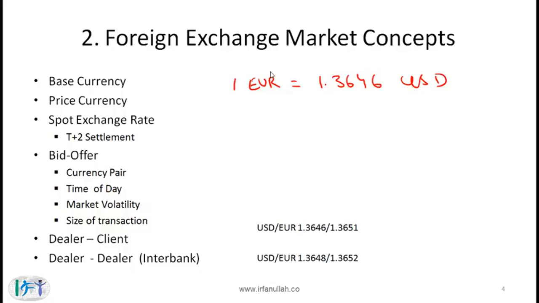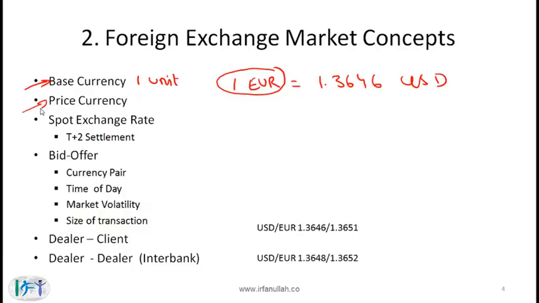If you are given this information, the first thing that you need to understand is that the currency of which we just have 1 unit, so in this quote where we have 1 euro equal to 1.3646 US dollars, the euro is the base currency because this currency has only 1 unit. So whenever you see the term base currency, immediately you should think that we have 1 unit of the base currency.